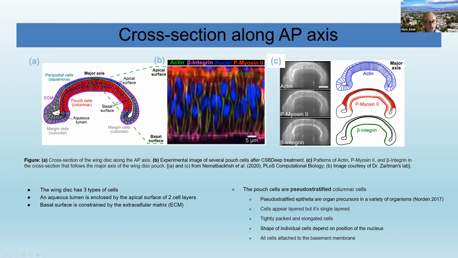So basically, there are two layers of cells initially in the developing pouch of a wing. And then there are layers of ECM on the outside, here and here, in magenta color. And the cells are columnar in shape. So we'll be looking at the apical surface and basal surface. And what we observed by looking at images and movies is that these nuclei move very actively up and down.